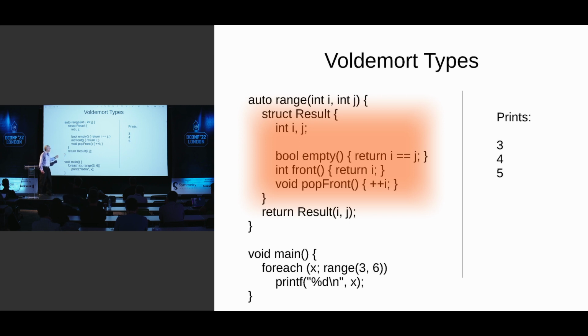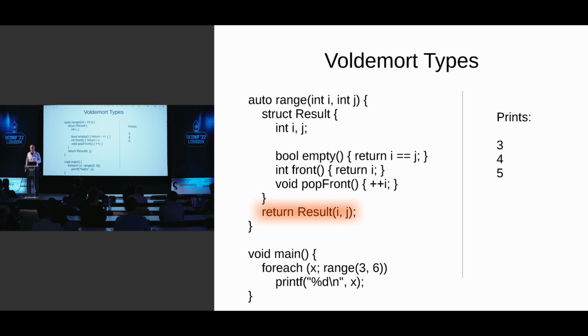range. And a range has a beginning and end, which is i and j, and then the three functions you need for an input range: empty, front, popFront, and returns it. And it's called a Voldemort type because the caller does not have access to the name of it, so it's the struct that can't be mentioned.